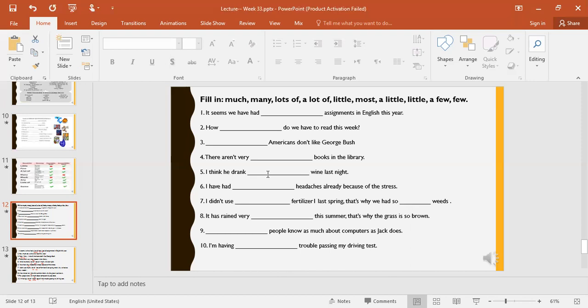People know as much about computers as Jack does. A few. Few people, yes. I'm having trouble passing my driving test.